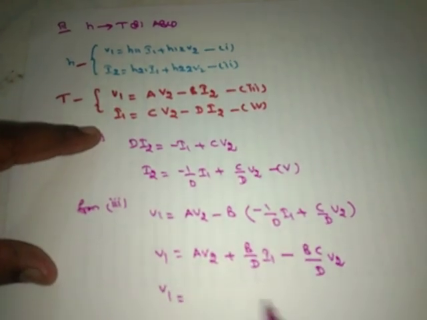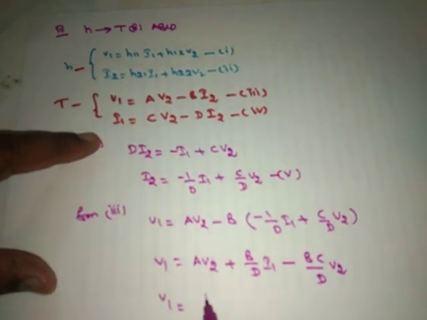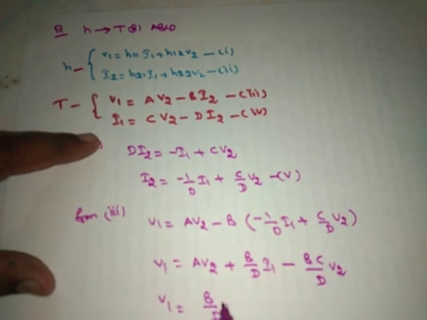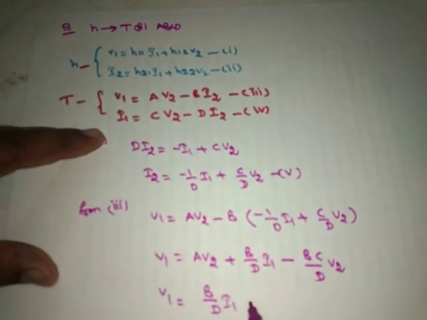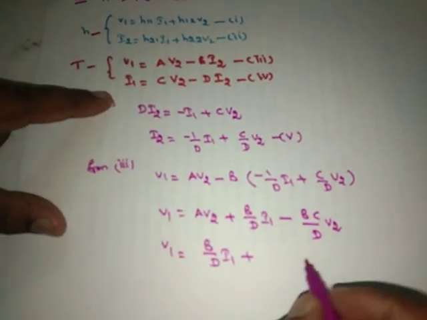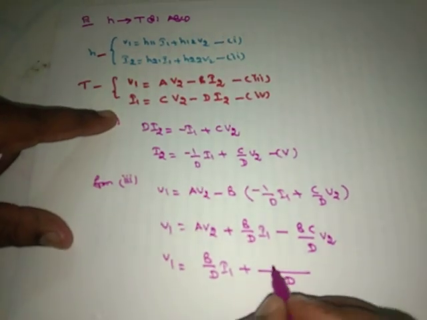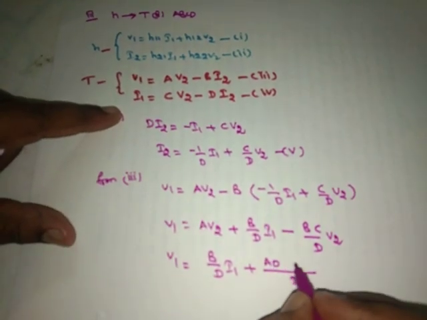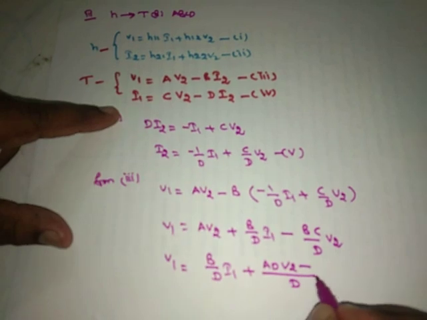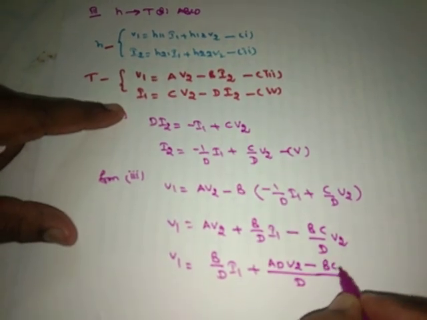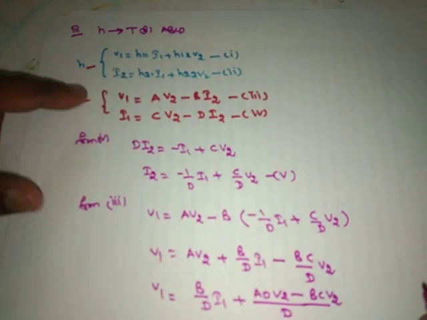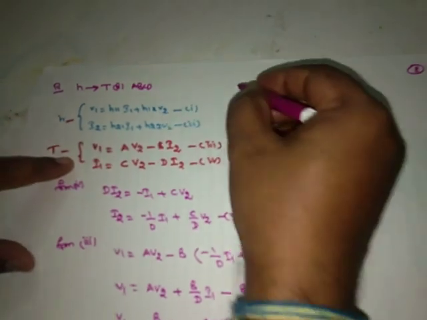So V1 is equal to B by D I1 plus, take common D here, AD V2 minus BC V2, and again further simplify.